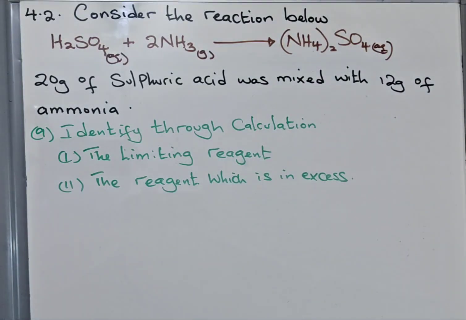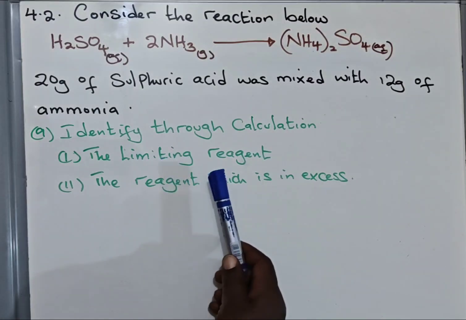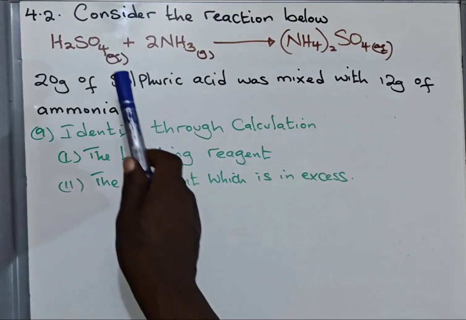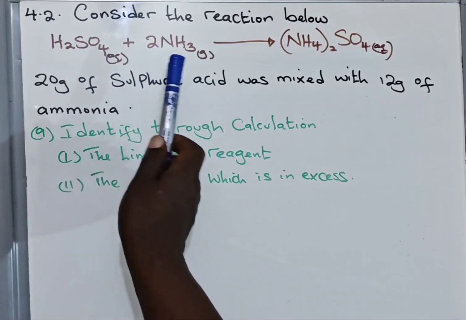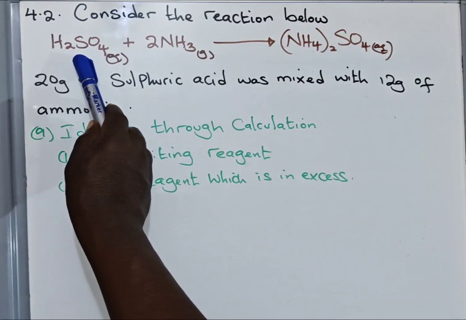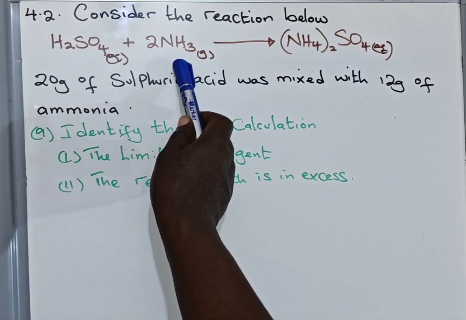Okay, how do we approach this? I need to tell you that the limiting reagent and the reagent which is in excess is between these two. It's between our sulfuric acid and ammonia.